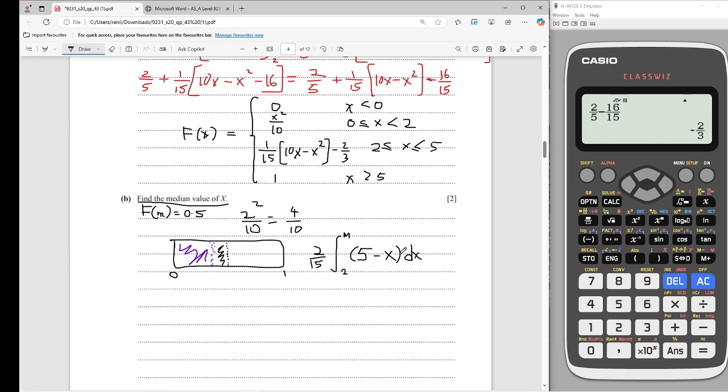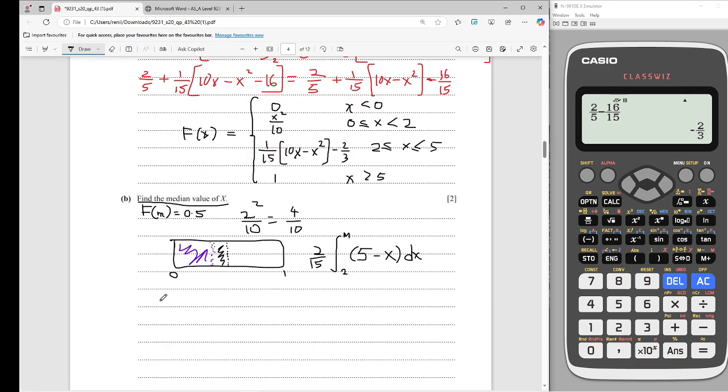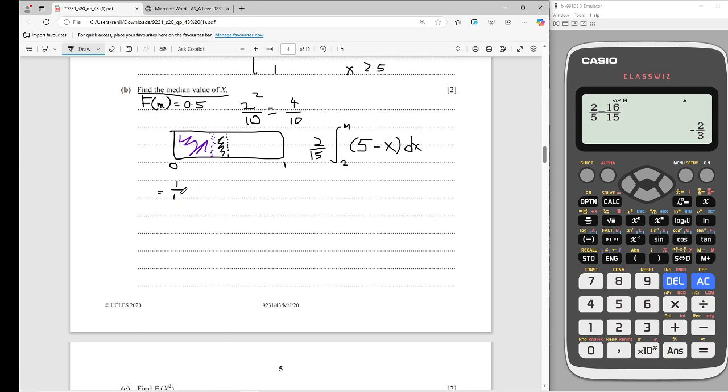So like how we had t over here and x over here for the previous one, we can replace our exact answer like this. So we get here 1 by 15 multiplied by 10m minus m squared minus 16, right? And this is what we call our second function.